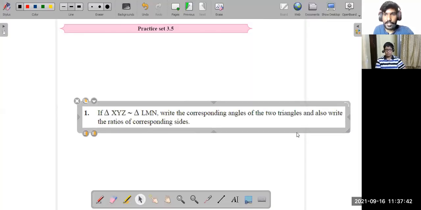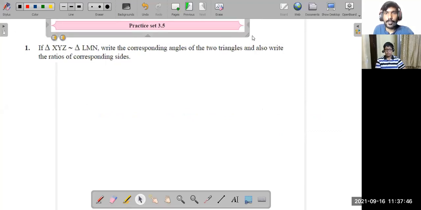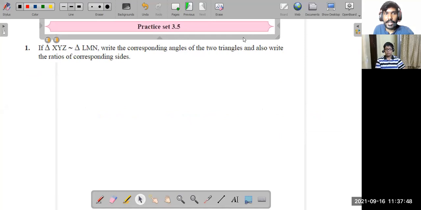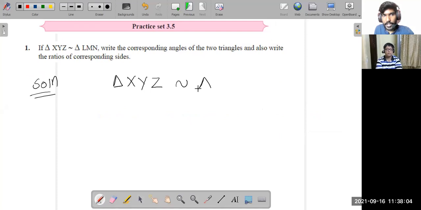In this, the first sum: if triangle XYZ is similar to triangle LMN, write the corresponding angles of the two triangles and also write the ratios of the corresponding sides. So triangle XYZ similar to triangle LMN. First, you have to write their corresponding angles.